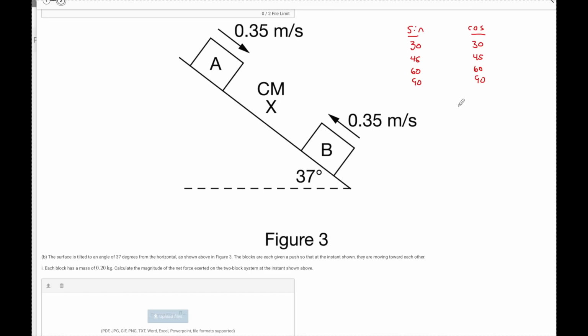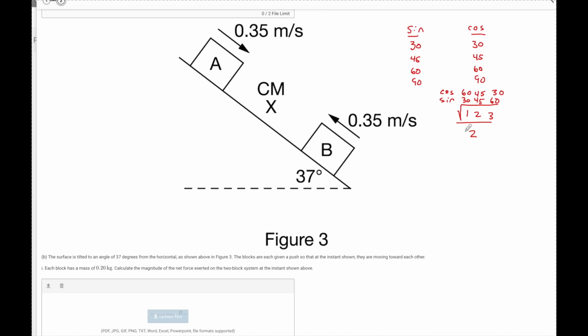If you don't remember them, guys, the easy trick is to just put a radical and then put 1, 2, 3 over 2. And then just write your angles: 30, 45, 60, 60, 45, 30. And remember, sine starts small and cosine starts big.